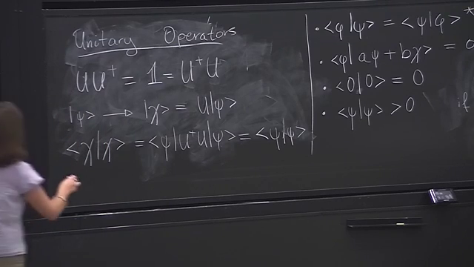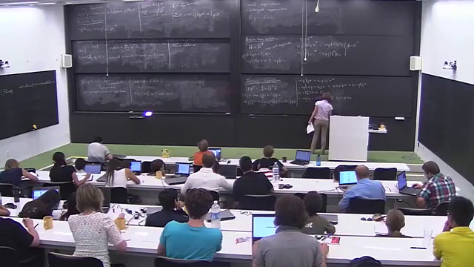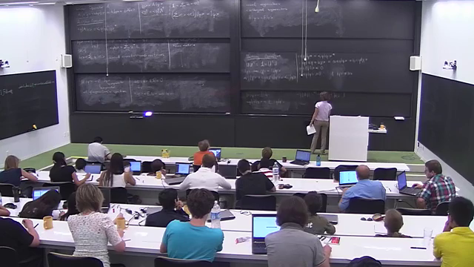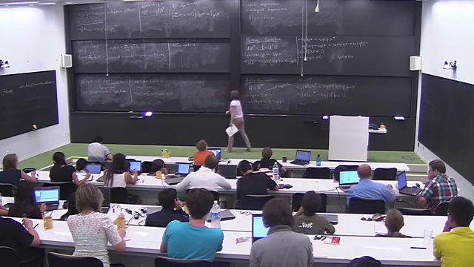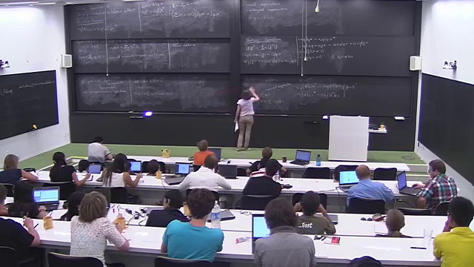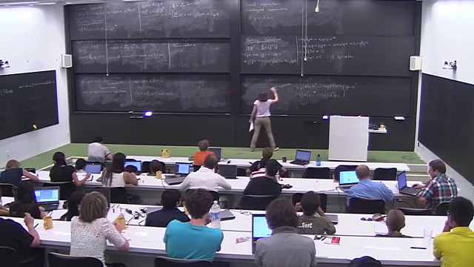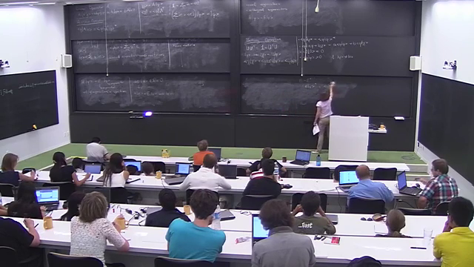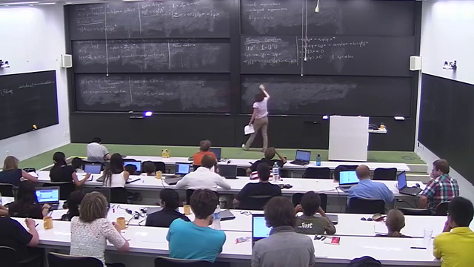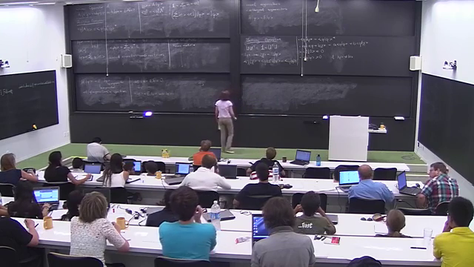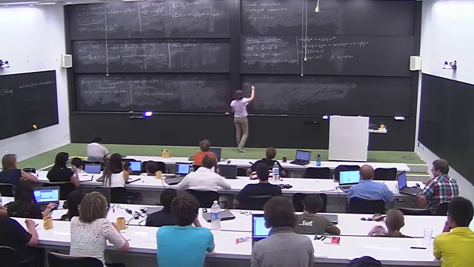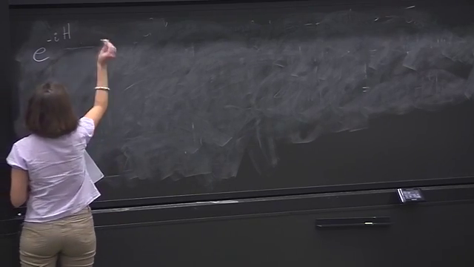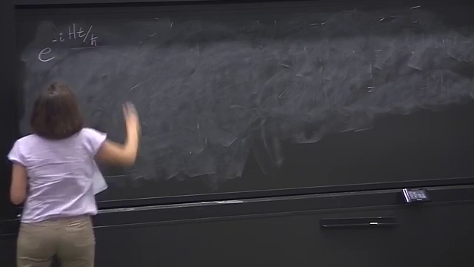For example, a unitary operator that you often come across in quantum mechanics is the exponential of minus i times the Hamiltonian times t over h bar.